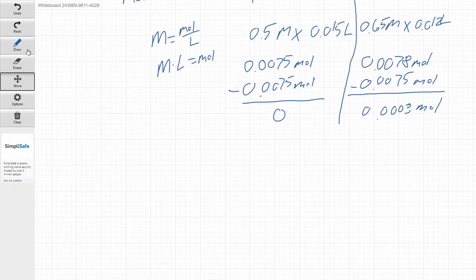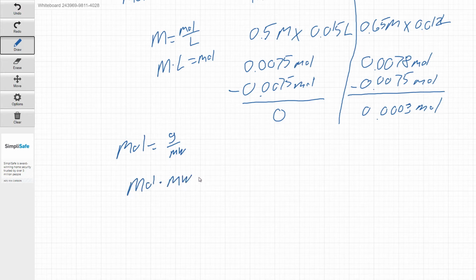So now we have moles. If we rearrange this, moles equals grams over molecular weight. Again, we want to solve for grams. So if I multiply molecular weight on both sides, we get moles times molecular weight is equal to grams.